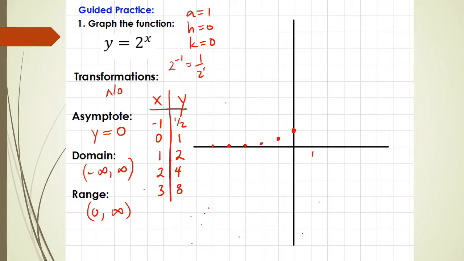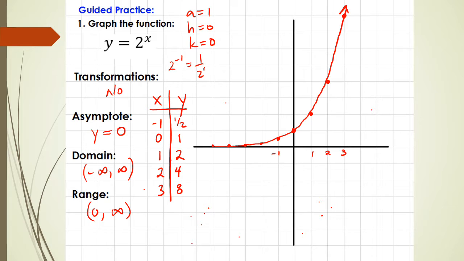As I go to the right, it's going to be 2. And then if I go to 2, it's going to be 4. And if I go again, it's going to be all the way up here at 8. And there's the graph. Exponential growth.